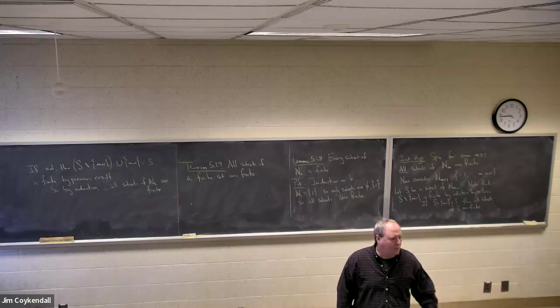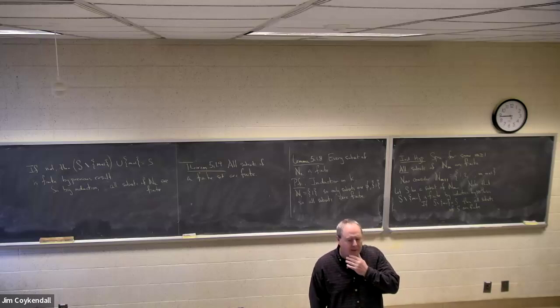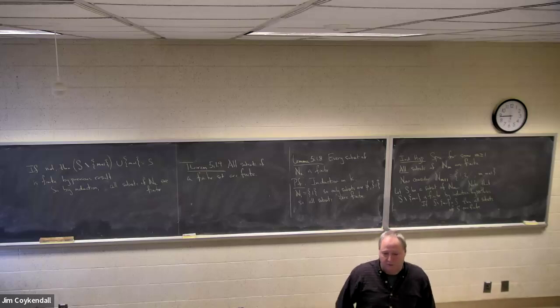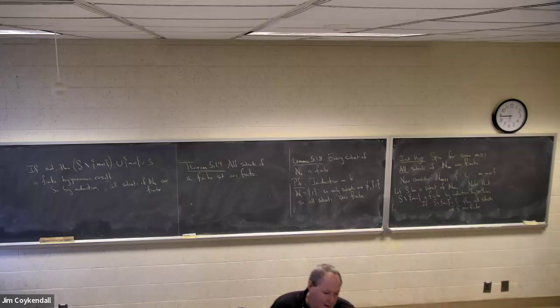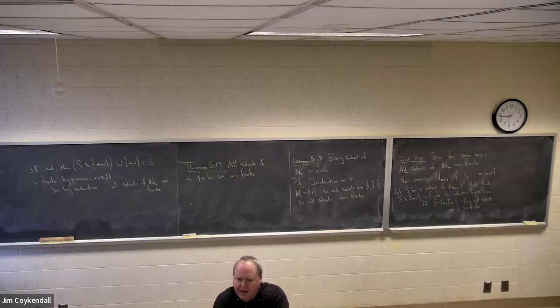Would everybody agree that the set of people on this side of the room is a smaller set than the set of people on this side of the room, right? And the set of all the people in the room is the union of these two sets, right? Now, you all are a subset of everybody in the room. Are you the same size as the set of all people in the room?